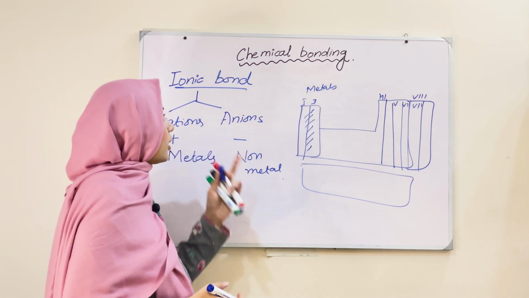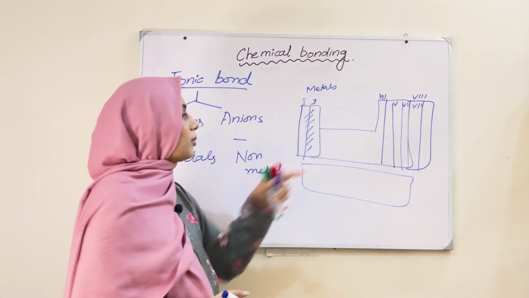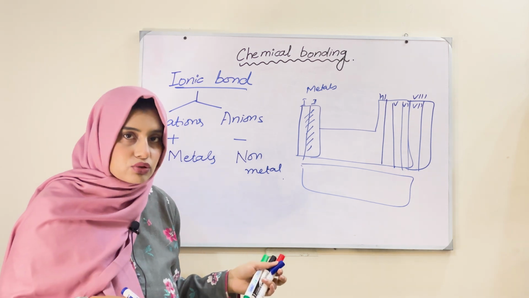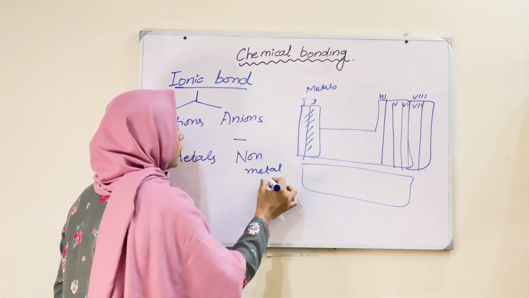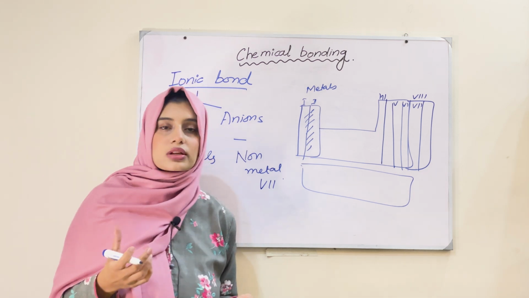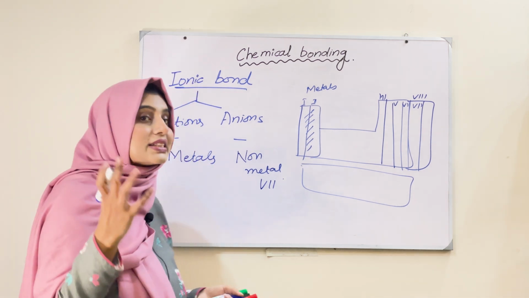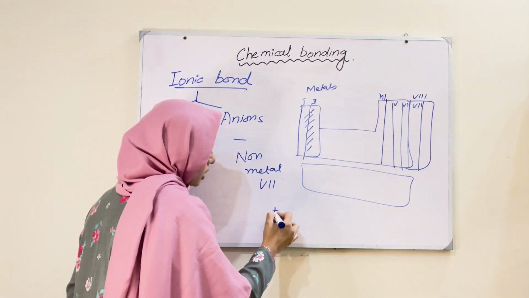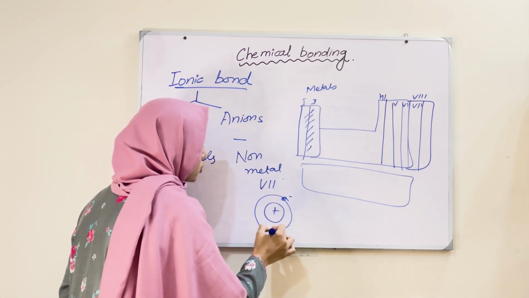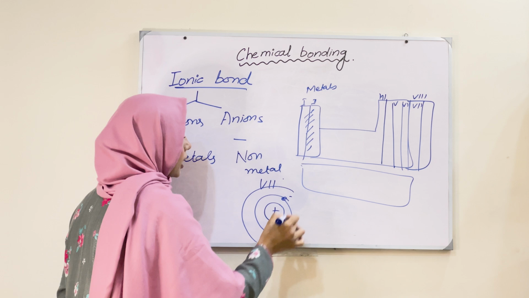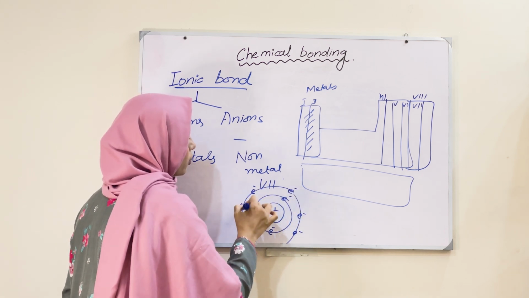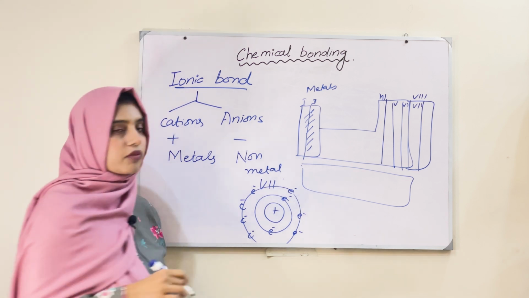Now, in anions, this side has non-metals, and non-metals have a tendency to accept electrons. For example, in group 7, the group number represents the number of electrons in the outermost shell. This is the nucleus, 2 electrons, and then 7 electrons: 1, 2, 3, 4, 5, 6 and 7.